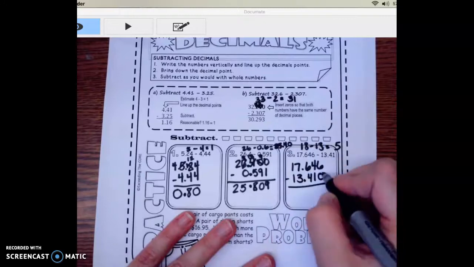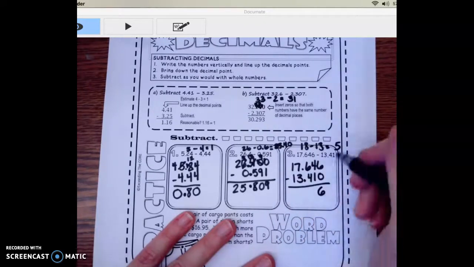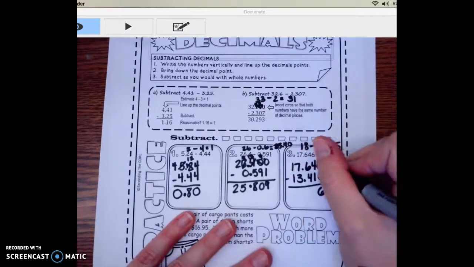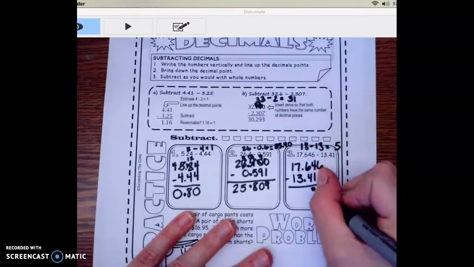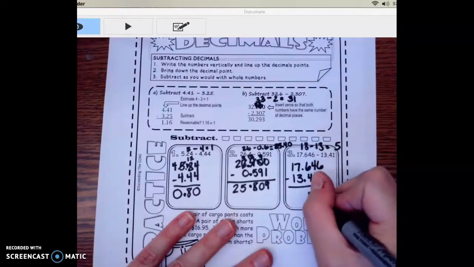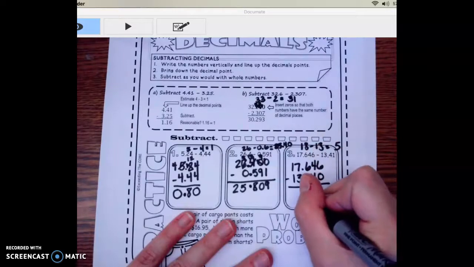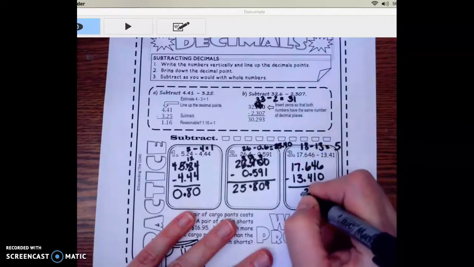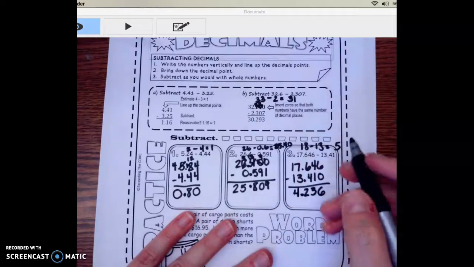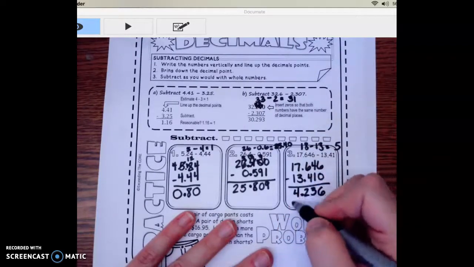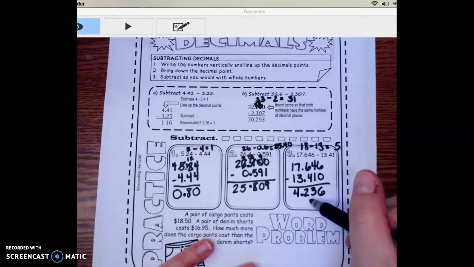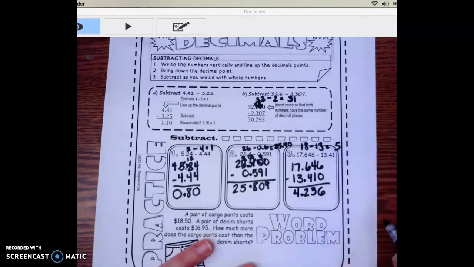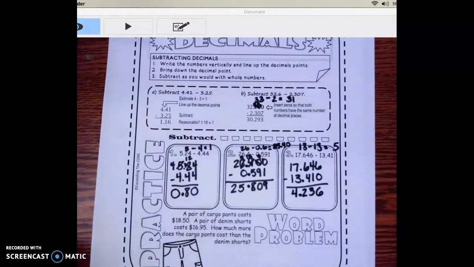I'm going to put a 0 there. Now I can subtract just like a whole number. 6 minus 0 is 6. 4 minus 1 is 3. 6 minus 4 is 2. Bring my decimal point straight down. 7 minus 3 is 4. And 1 minus 1 would be 0. So that is pretty close to 5. That makes our answer reasonable.